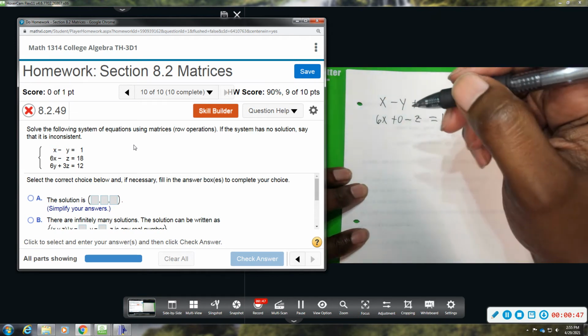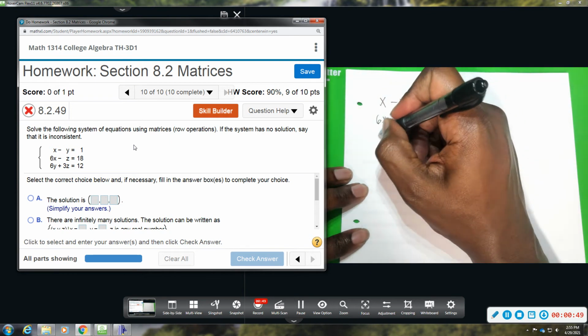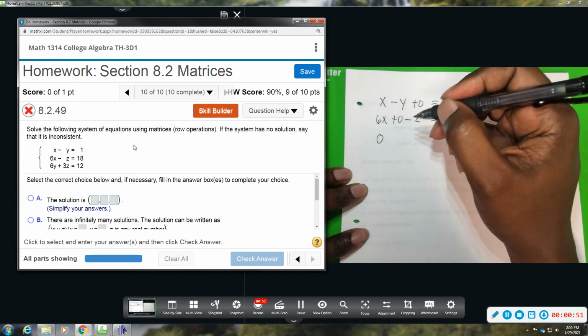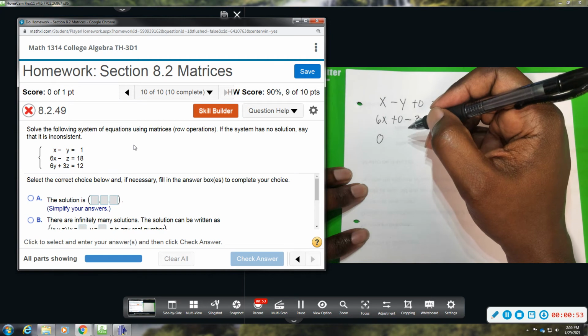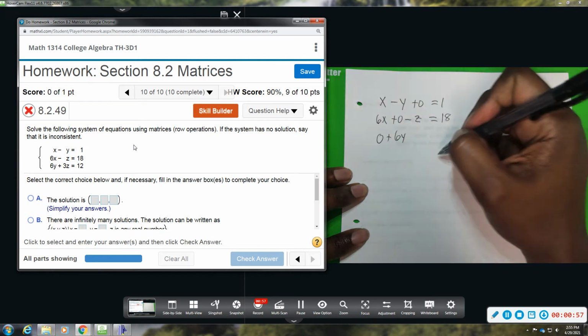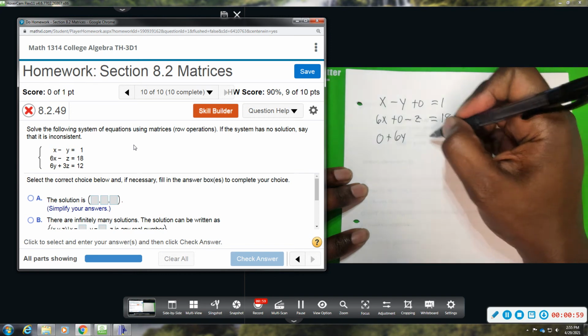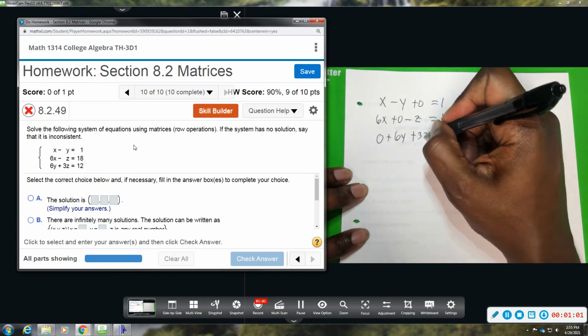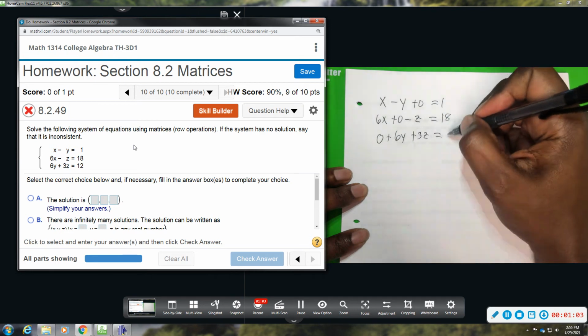And then the last row, we don't have an x, so I'm going to put a 0 here. And then plus 6y, and then plus 3z, and that equals 12.